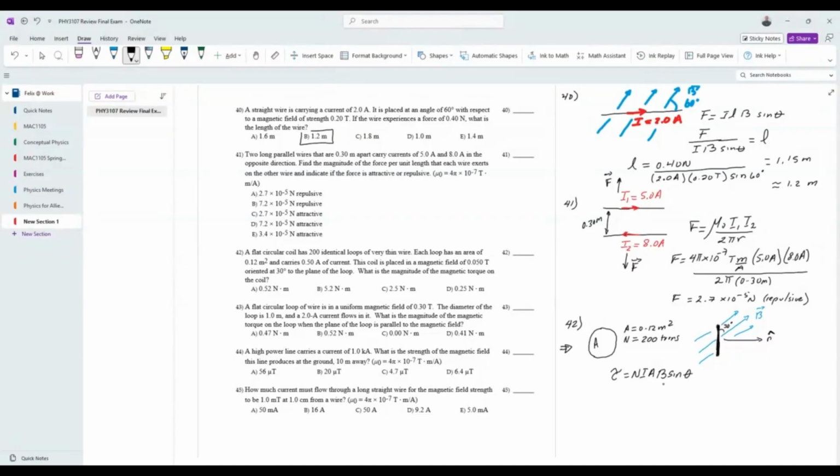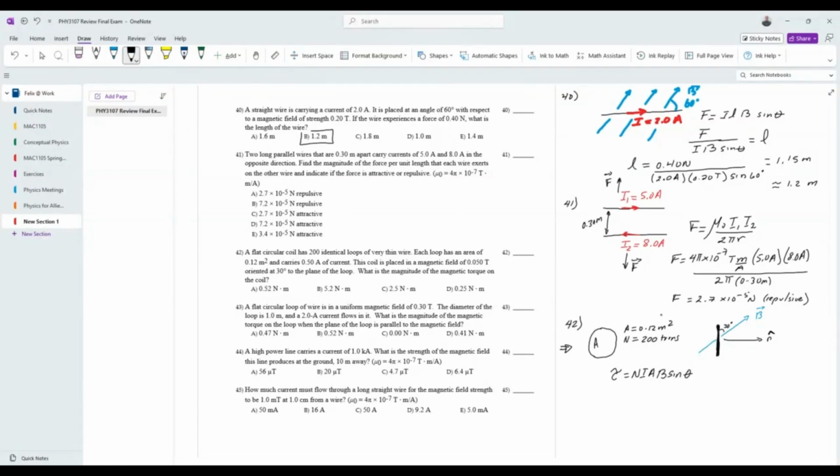Now, who is this angle theta? This angle theta is not 30 degrees, because 30 degrees is the angle between the field and the plane of the coil, and theta is the angle between the field and the normal to the plane of the coil. So I'm going to do something. We know that the field has multiple lines there, right? But I will just leave only one line representing the field.